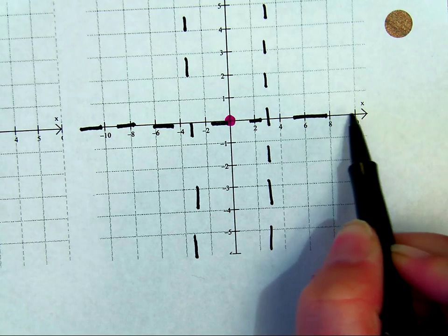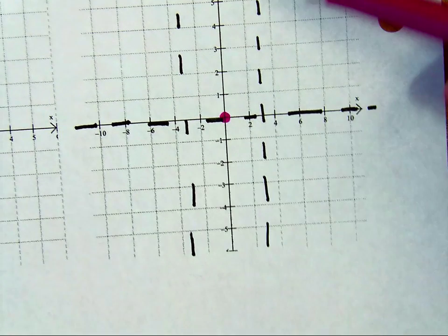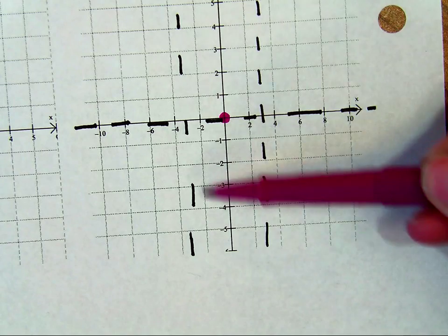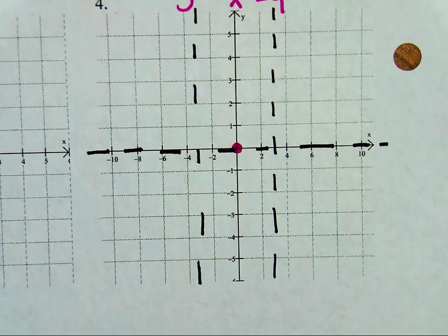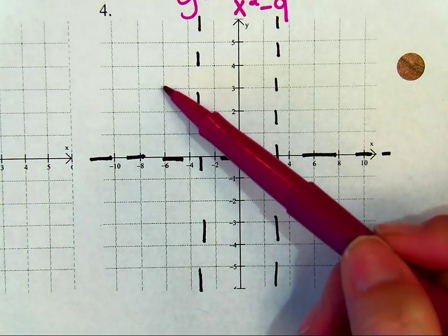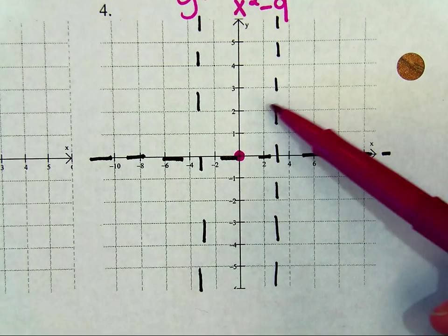These verticals divided my graph up into 3 separate pieces, and I need to be able to sketch what it looks like in 3 separate pieces. So I'm going to have to pick some points from here, some points from here, and some points from here in order to figure out what this looks like.